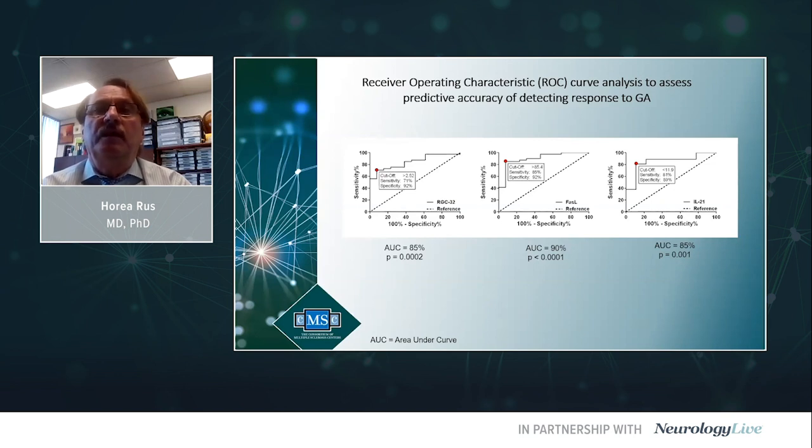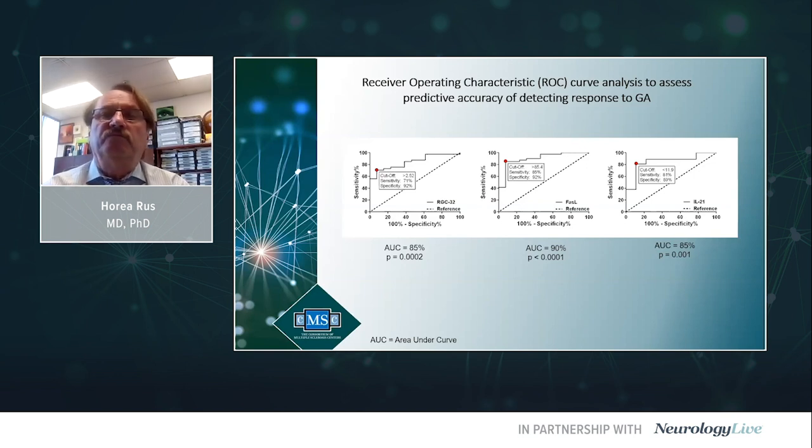When we assessed the predictive accuracy in detecting response to glatiramer acetate, we found, again, high statistical significance and high levels of AUCs, 85% for RGC32, 90% for Fas ligand.